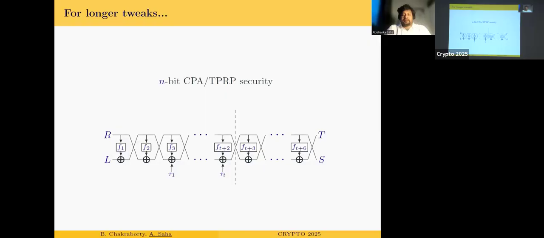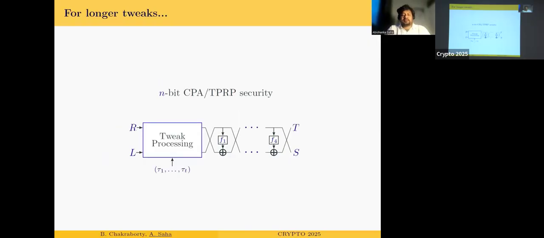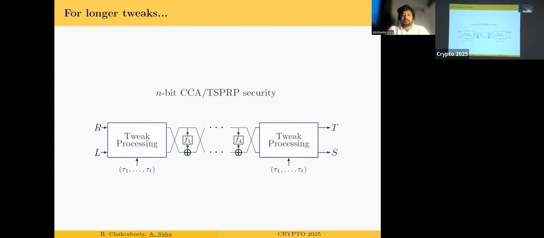So this is a CPA secure candidate proposed by Goldenberg, and for CCA security, they just apply the tweak processing part symmetrically on the other side of the 4-round LR. So this is 4-round LR sandwiched by the 2 tweak processing parts, both of which contain T plus 2 rounds, and in total then it is 2T plus 8 rounds for CCA security. So these are the candidates of Goldenberg et al.